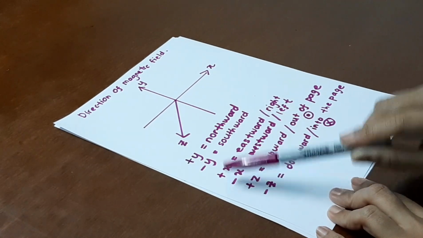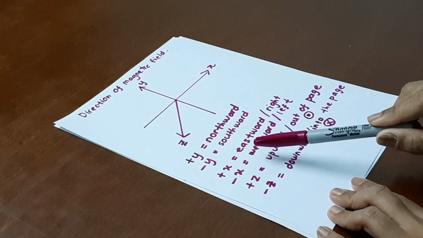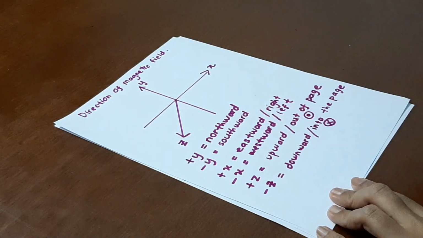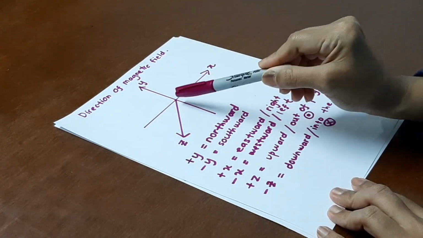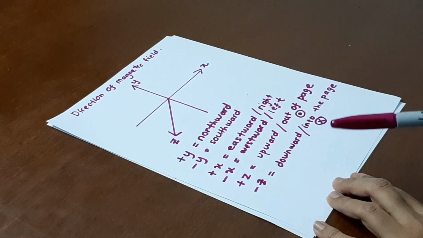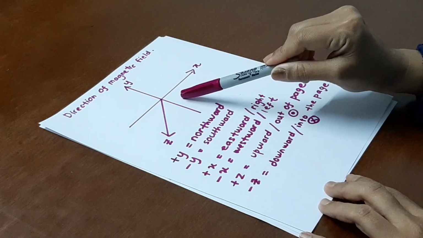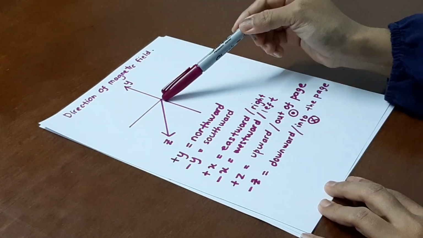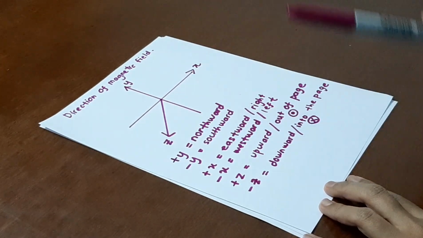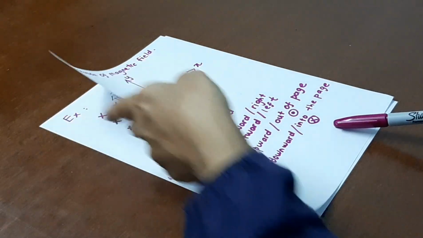If the magnetic field is directed along the x axis, it is directed eastward or to the right. If it is directed to the left, it is westward. For the z-axis, if it is out of the page, we say it is positive z. If it is into the page, it is along negative z.